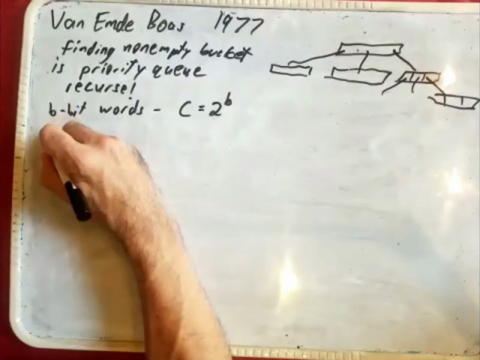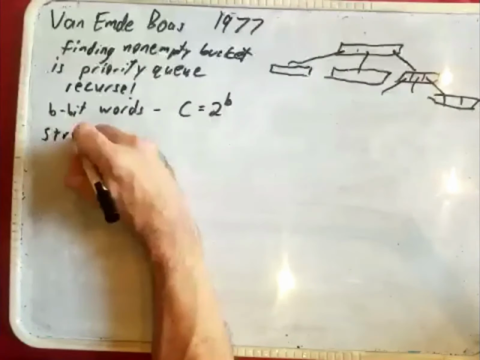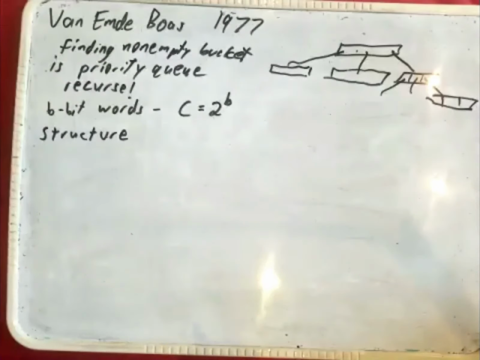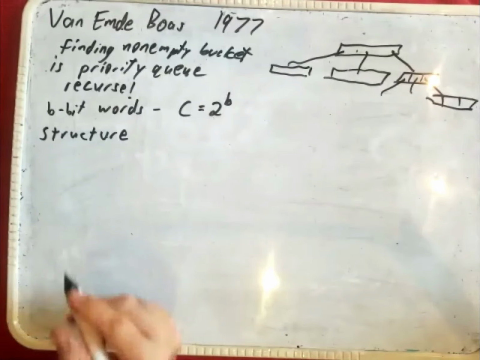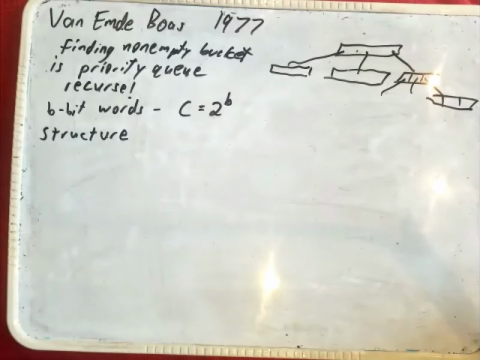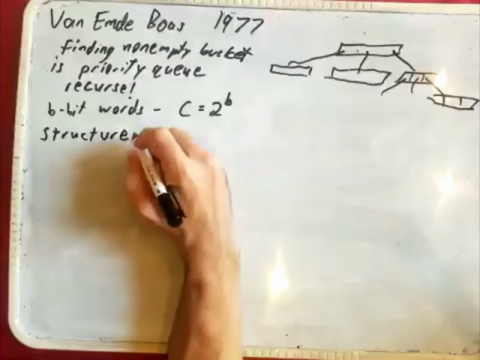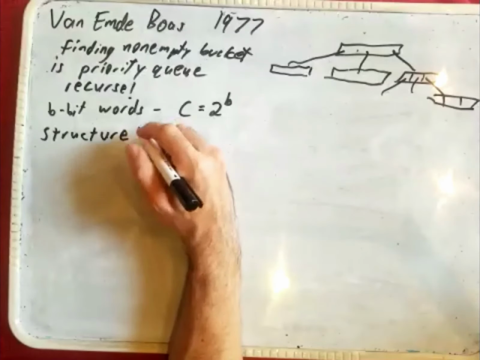So the structure. I usually like to give intuitions before diving in, but with the Van Emde Boas structure, it really helps to have the explicit definition of everything to start with and then talk about it afterwards.